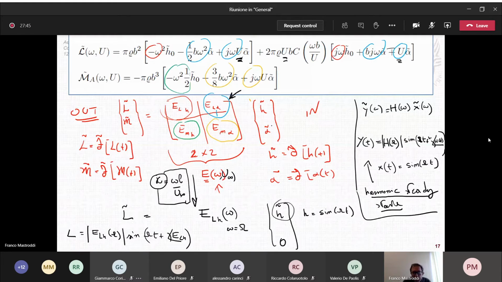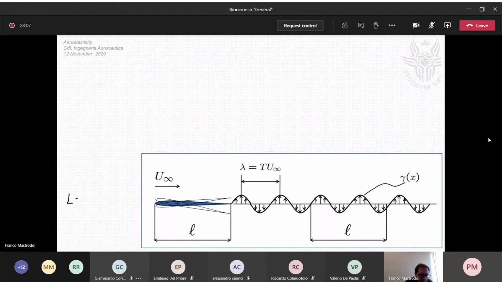I am animating the pitch only, and so if I animate pitch only, I apply this vector to my matrix, and I will involve the term E alpha in this case for giving me L. So in this motion, we have L equal to H L alpha multiplied by alpha tilde, giving us L tilde as a complex number.